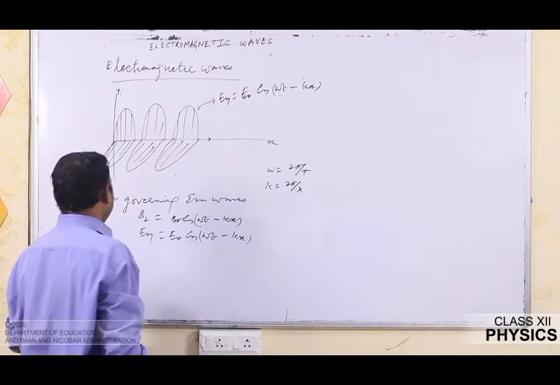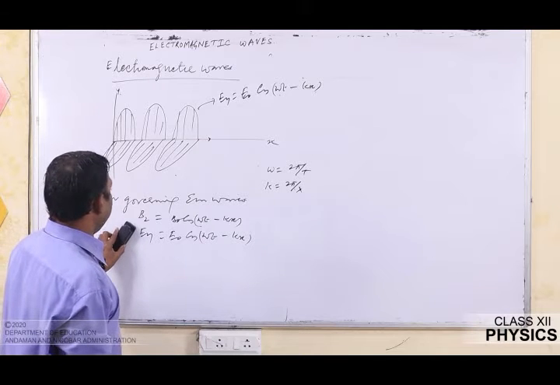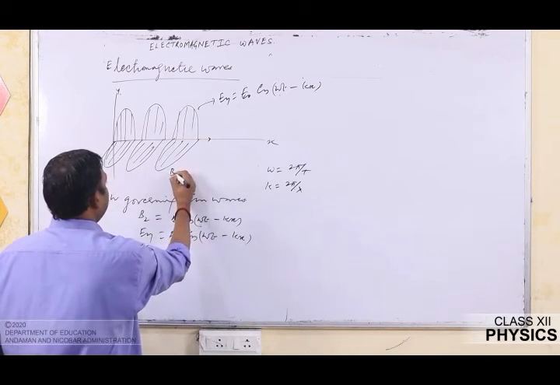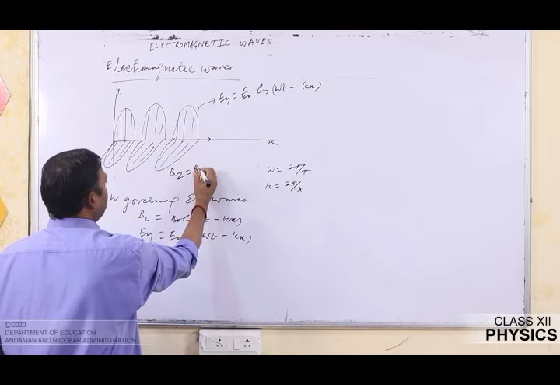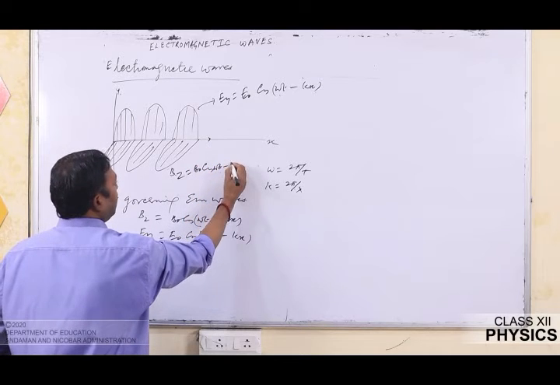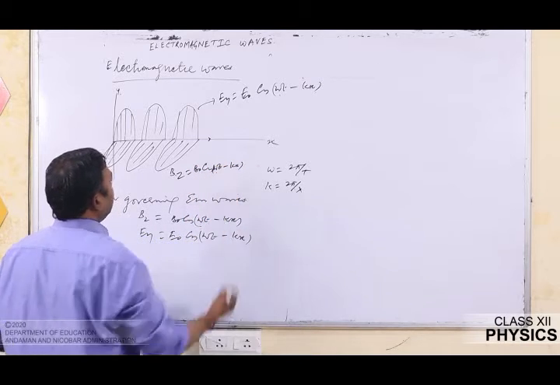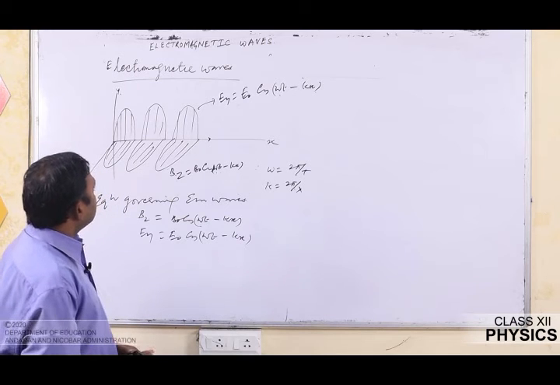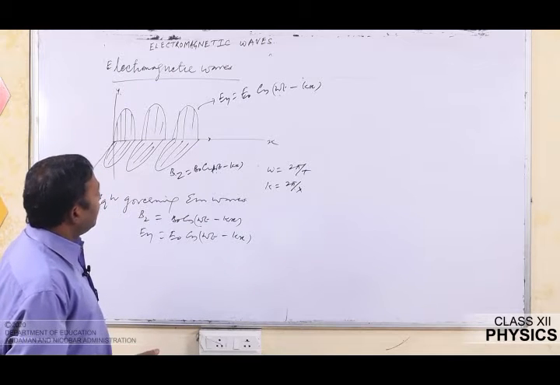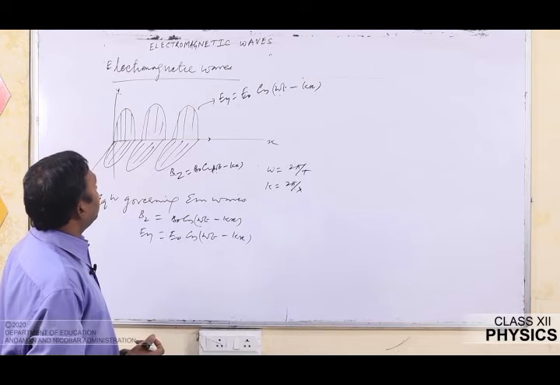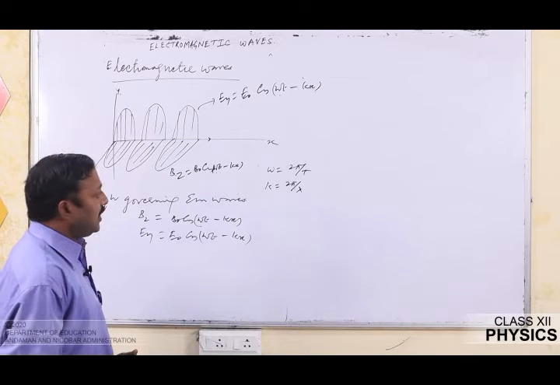Similarly, the magnetic field which is acting along the z axis is given by Bz is equal to B0 cos(omega t minus kx). So this is the theoretical production of electromagnetic wave with the help of Maxwell equations.